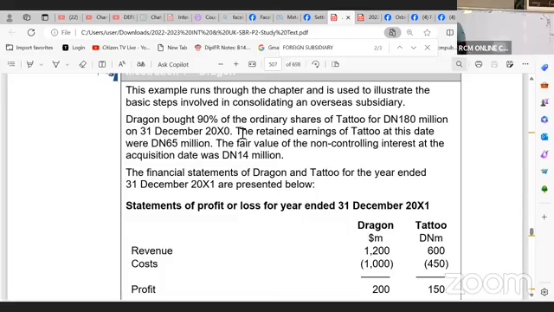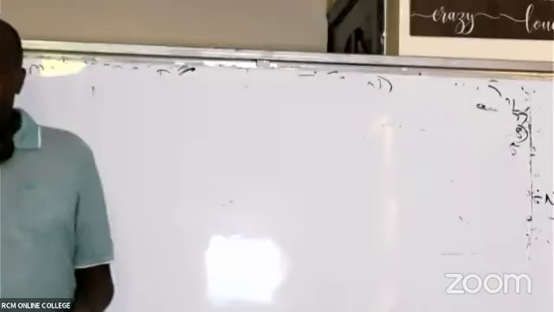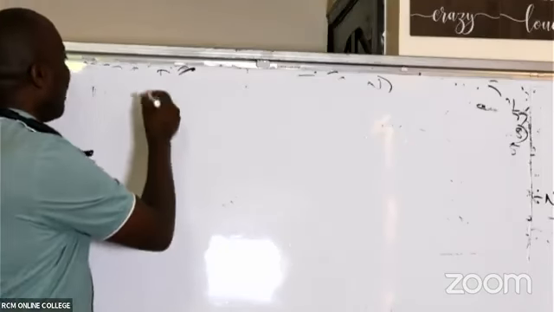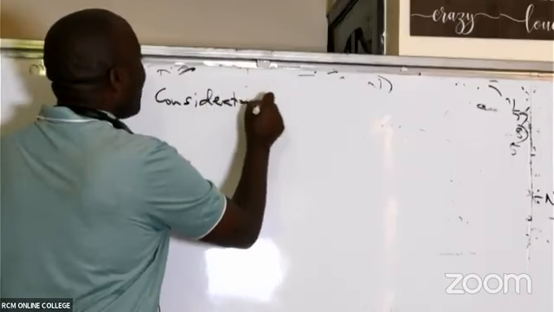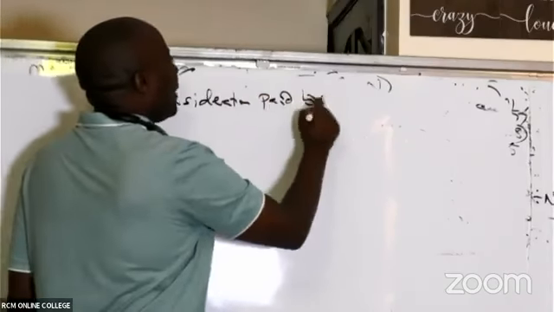Goodwill is about what we paid and what we got, the excess. So, for example, we have two owners here. We have consideration paid by the parent.